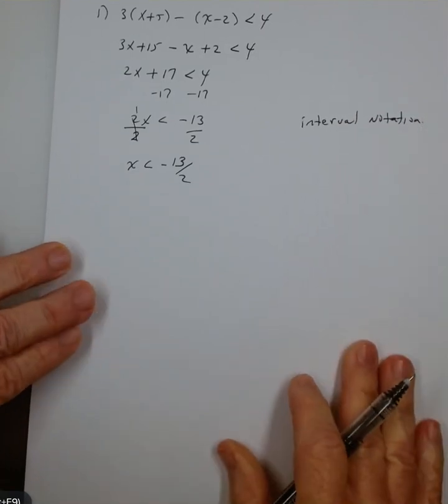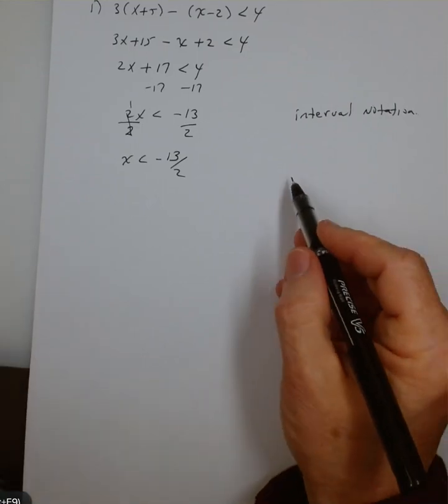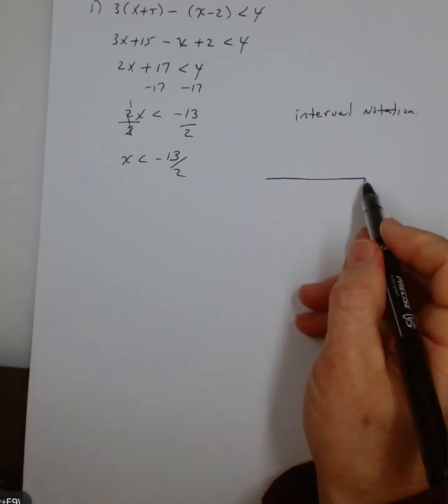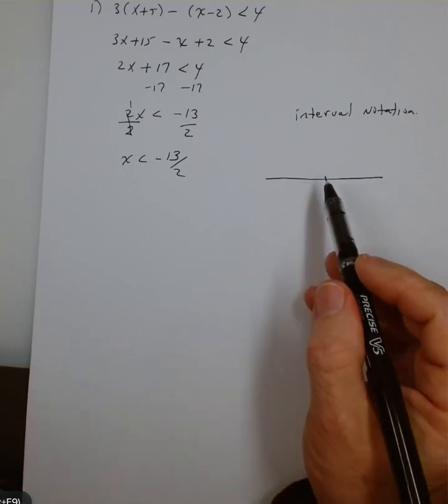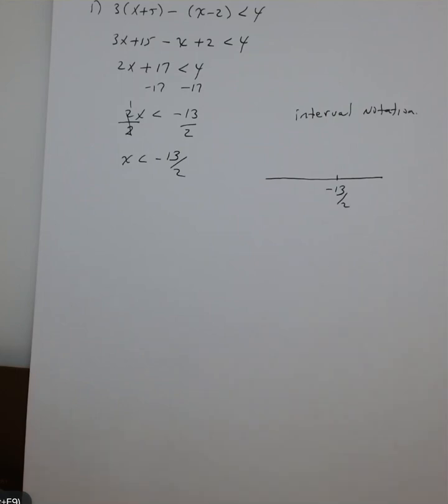The way I would do that is I would first think about this in terms of a number line. I'm going to put negative 13 halves somewhere on that number line. And notice that it is strictly less than. You don't see a less than or equal to. That makes a difference.